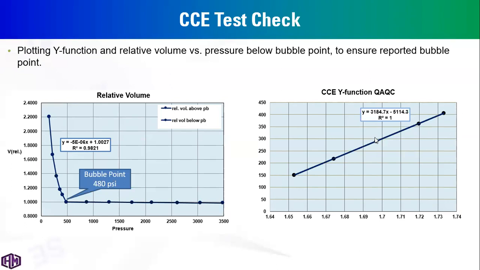So as long as we have good straight lines, the equilibrium between the oil and gas for every pressure step in the CCE experiment is valid, and results are consistent.